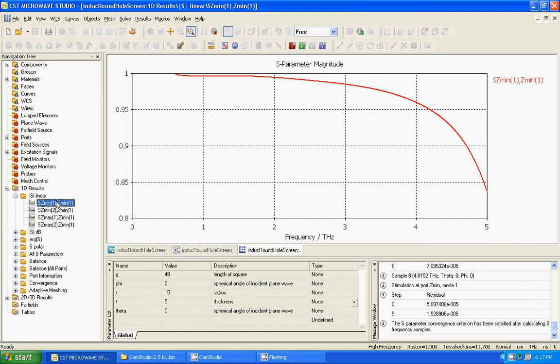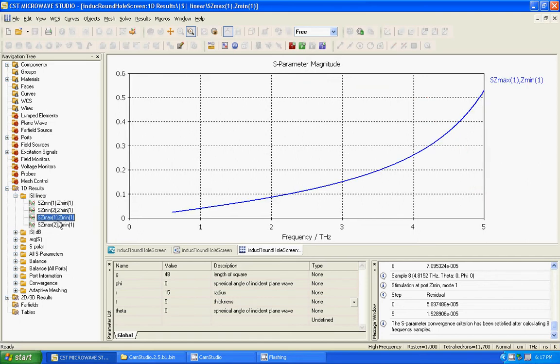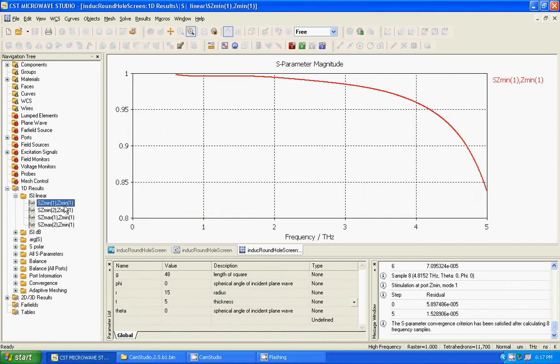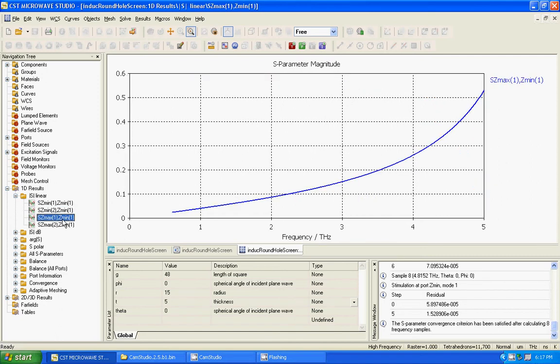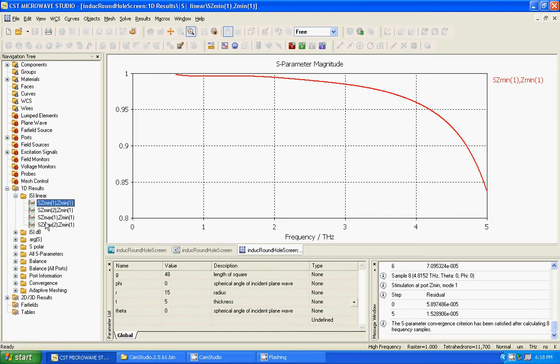Whereas this guy, Z-max, Z-min, is saying, okay, the wave is coming in from Z-min because that's where the input is. It's the same as here, it's coming in the same place. But now, what are the spectral characteristics in respect to Z-max? So this is the transmittance, whereas this is a reflectance. Now, when you go to export this stuff, you don't want to export the magnitude because that's not giving you the complete picture here.